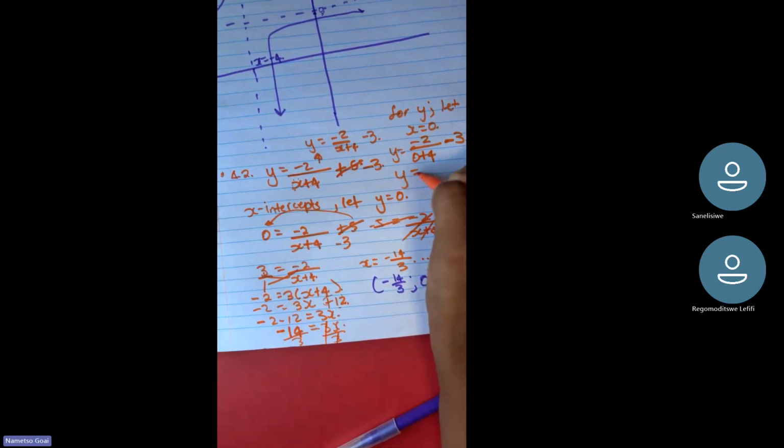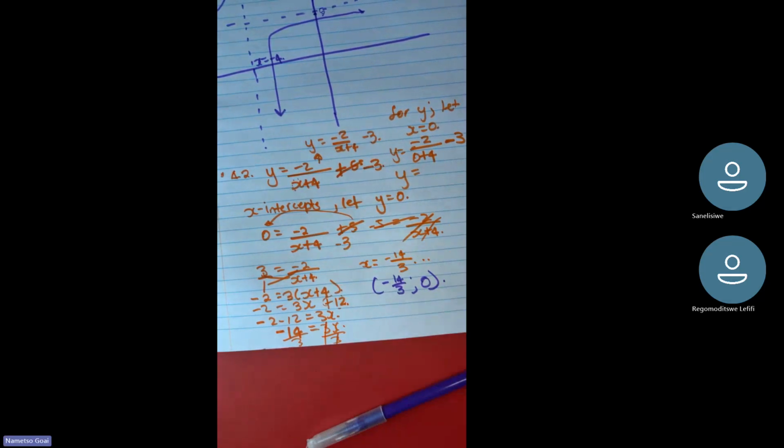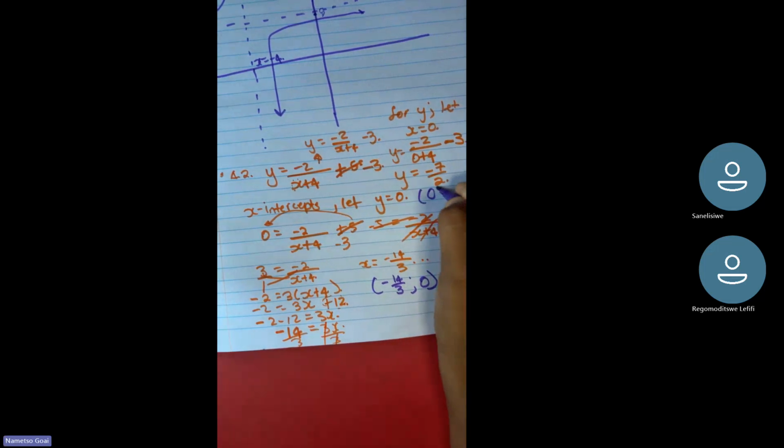So what will your y be? It will be negative 7 over 2. So your y-intercept will be 0 and negative 7 over 2.